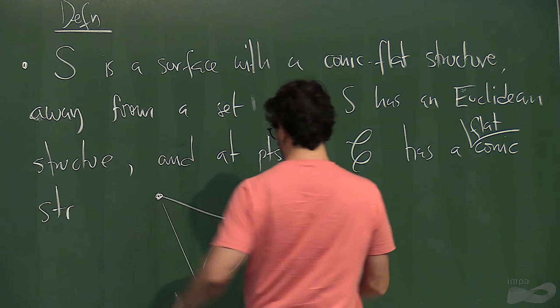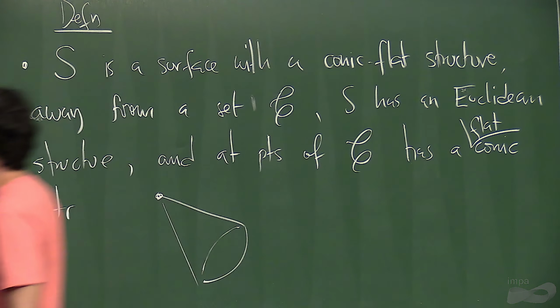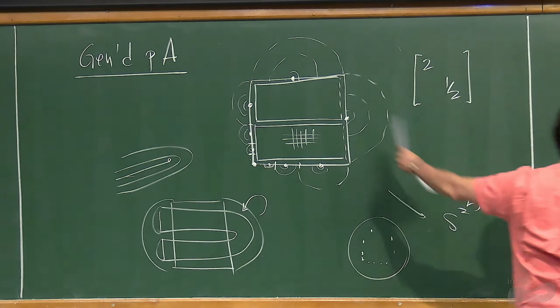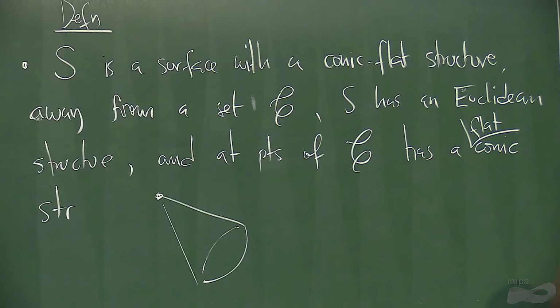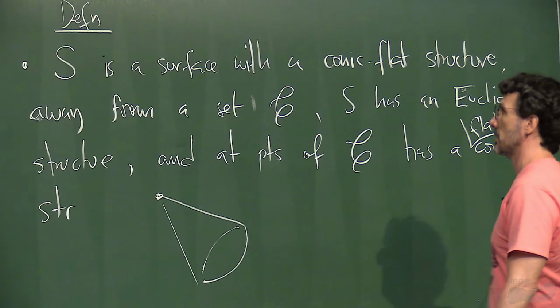This is a cone where the cone angle is pi, but you might have a large cone angle like 3 pi, etc.